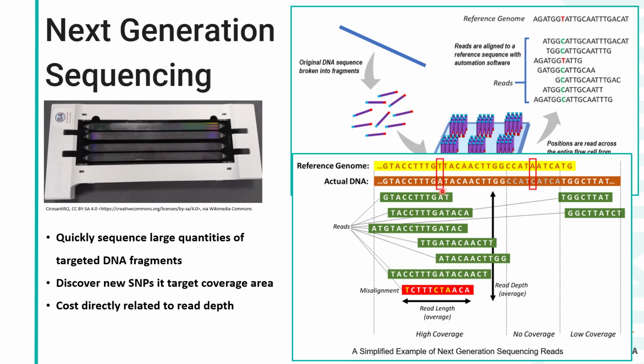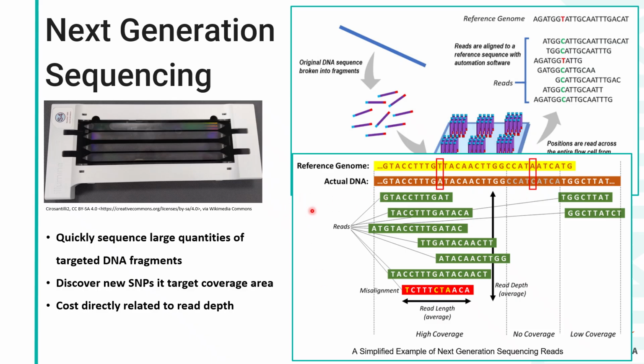And the cost for this is directly related to the read depth. And now that's something that's very important to keep in mind, because you can have a next-gen sequencing or a whole genome test, which is a type of next-gen sequencing that is designed to look at the whole genome.